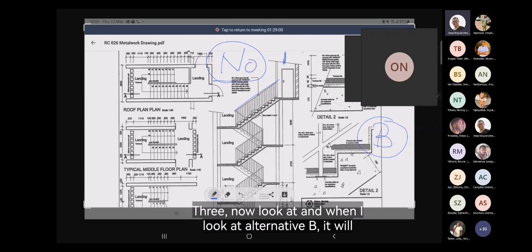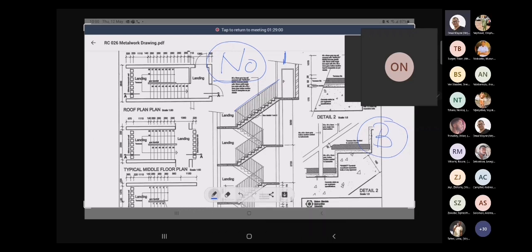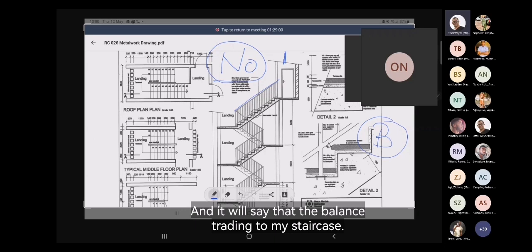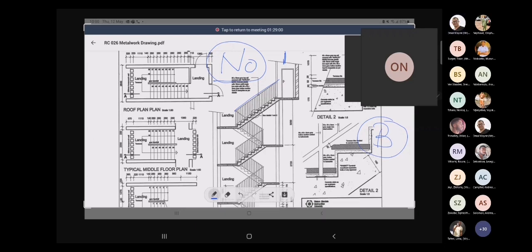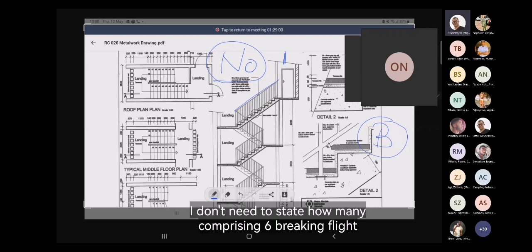When I look at alternative B, it will still be the following in galvanized mild steel staircase balustrading. It will say that the balustrading to my staircase comprising, I don't need to state how many, comprising 6 raking flight lengths.